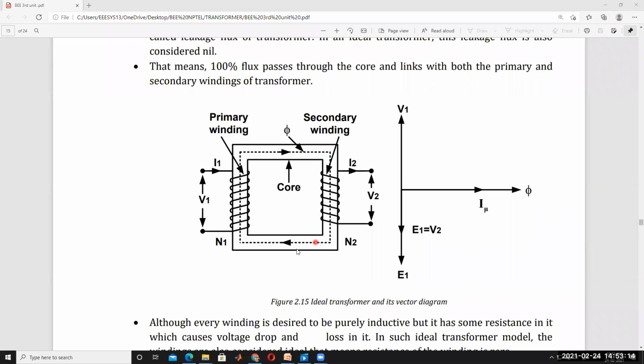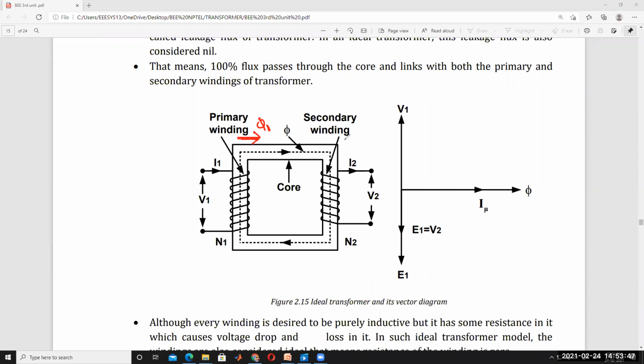This is the flux direction because of the primary winding. And the flux direction phi 2 because of the load is anti-clockwise.